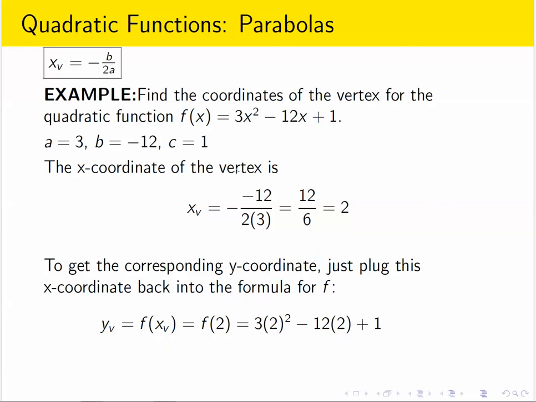If I evaluate that, plug a 2 in everywhere I see an x, that gives me 3 times 2 squared minus 12 times 2 plus 1. And simplify that, we get negative 11. So in summary, the vertex has an x-coordinate of 2 and a y-coordinate of negative 11.